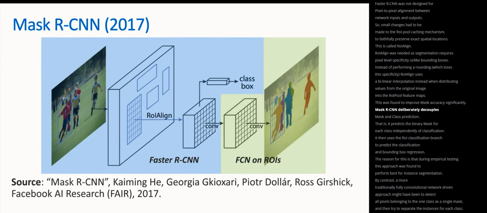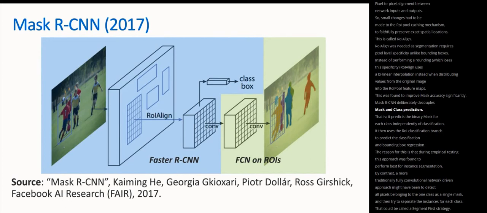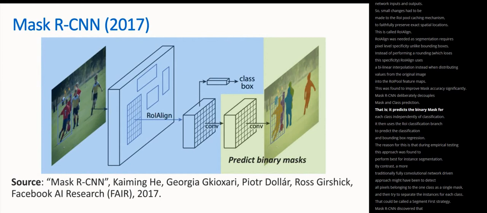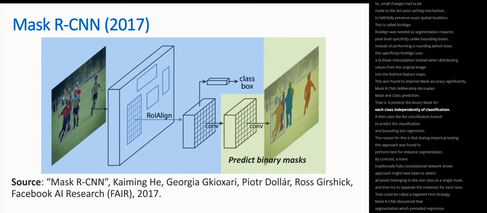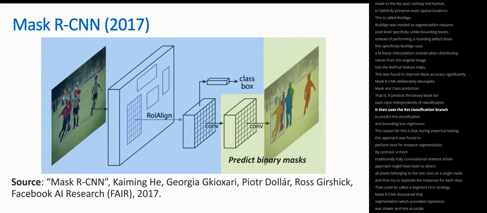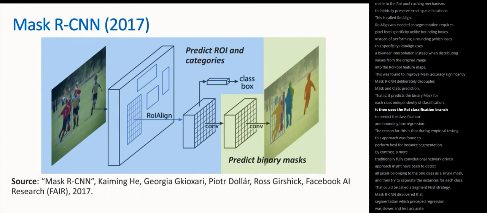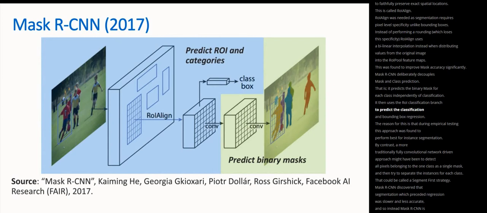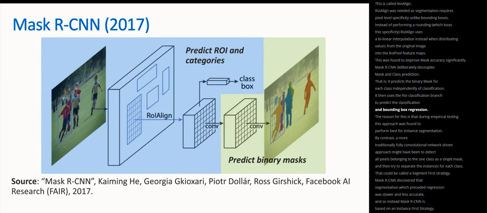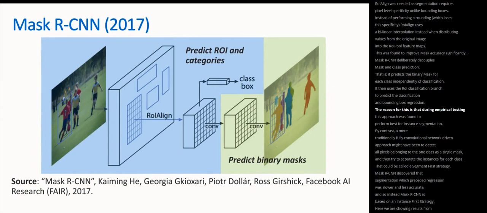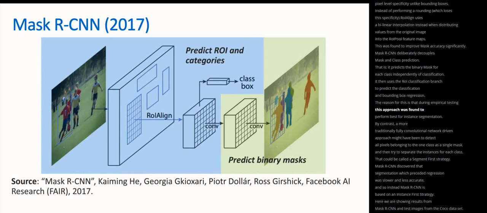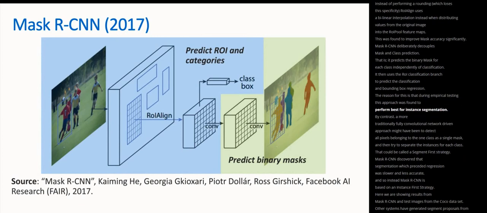Mask R-CNN deliberately decouples mask and class prediction. That is, it predicts the binary mask for each class independently of classification. It then uses the ROI classification branch to predict the classification and bounding box regression. The reason for this is that during empirical testing, this approach was found to perform best for instance segmentation.